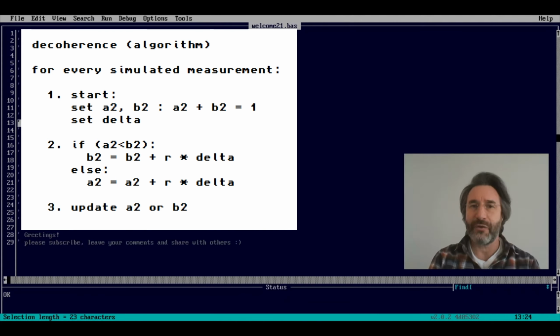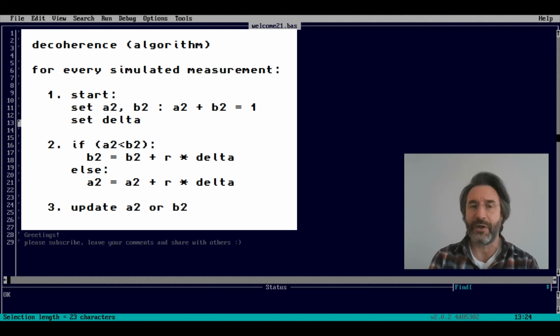So for every simulated measurement that we will perform in the program, we will have practically 3 steps. In the first step, we are going to set A2 and B2 so that A2 plus B2 equals 1. And we will also fix a value for a variable called delta.